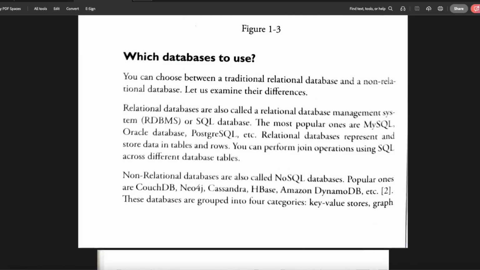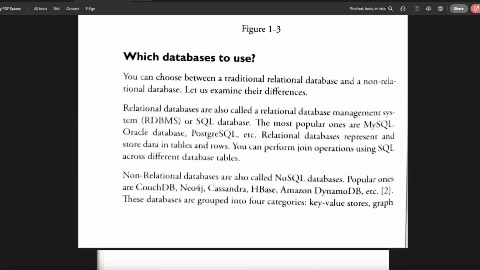Now we are going to look at the types of databases and which databases to use. So there are two major categories of databases. The first one is relational databases, which use SQL. They are also called RDBMS or SQL databases. Few examples are MySQL, Postgres, and Oracle.